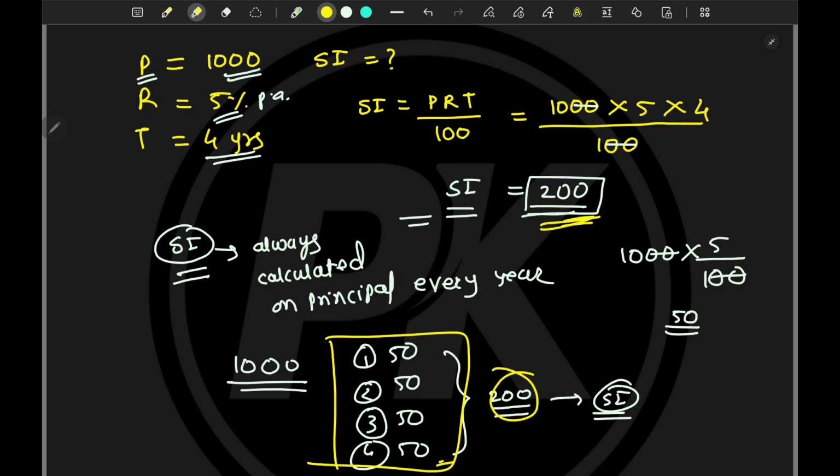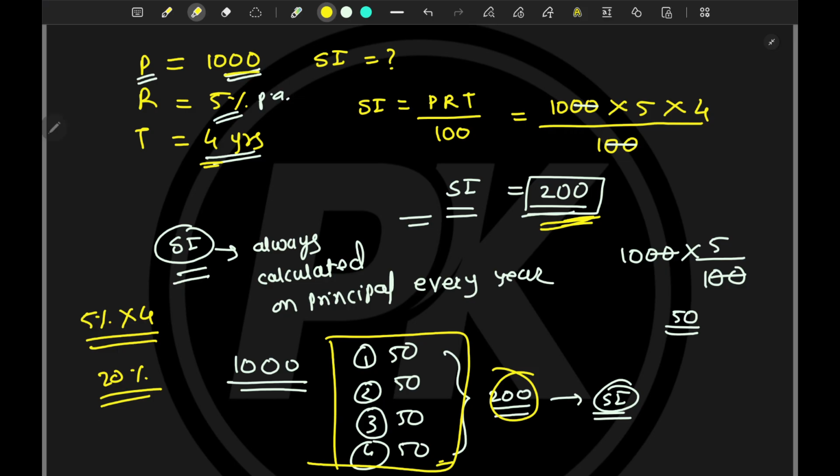Now to further simplify this, or to make your calculations faster, what you can do is, instead of calculating it for every year, this 5 percent is fixed per year. For how many years? For 4 years. So 5 into 4 is 20%. Now you can directly calculate the 20% on the principal amount.